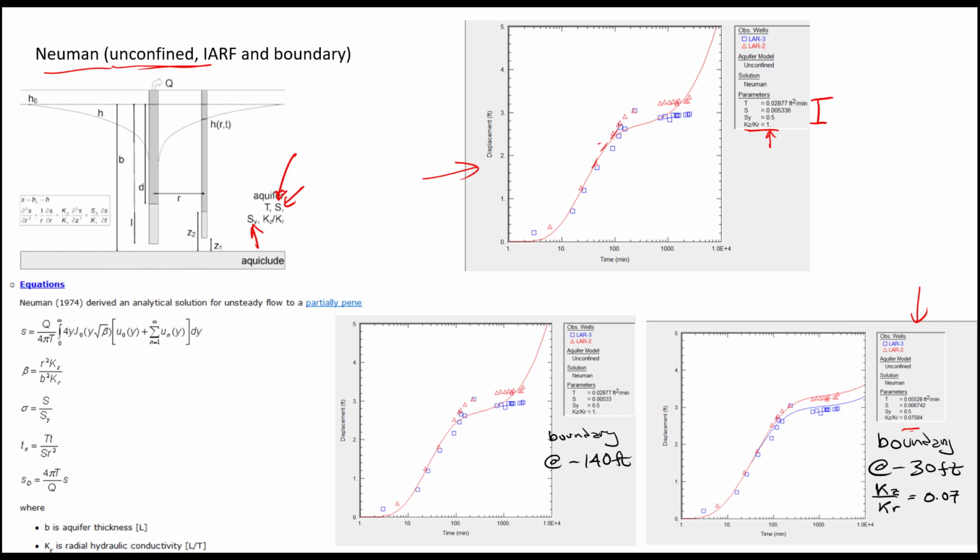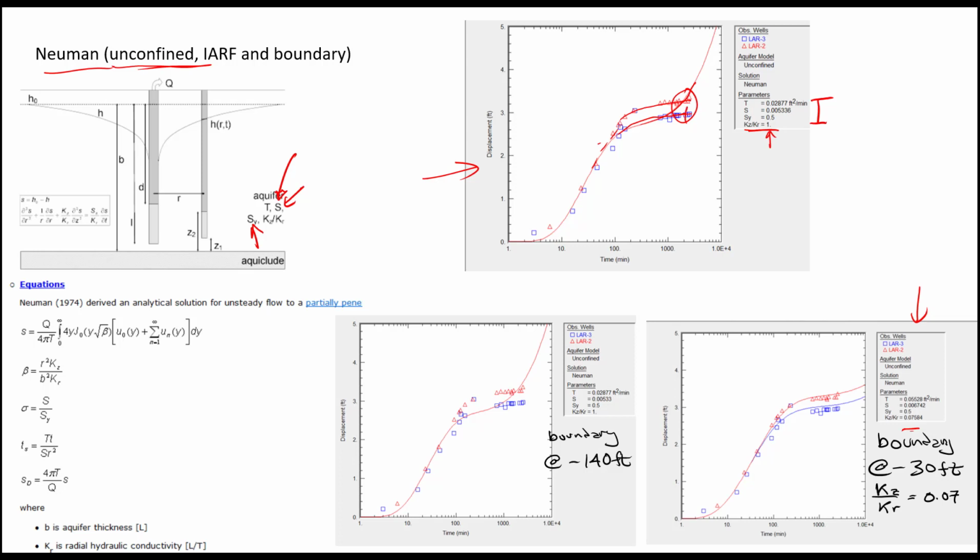Now, if you look at the data, it flattens out and it's not really curving back up. So for the Neuman, it says that it should start curving back up in this time frame. But we don't really see that. Now, that's okay.